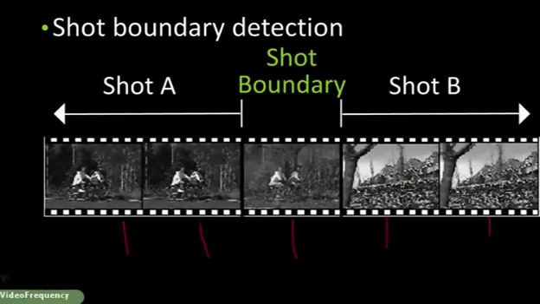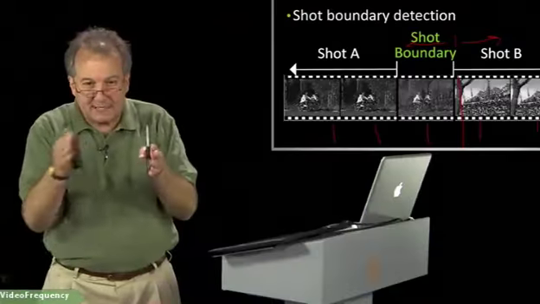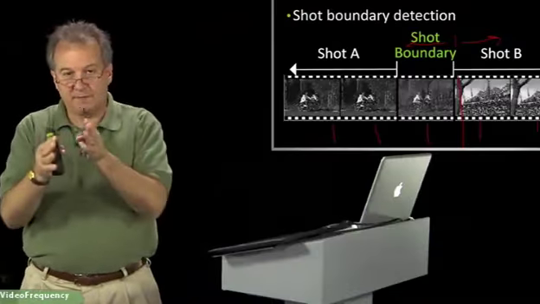In this case, our shot boundary is shown right here. All of these are taken from one camera shot, and these are taken from another. Often it looks like they were taken one right after another, but in reality, they changed everything. They moved the camera around, changed the actor, redid his makeup. He went and got a smoke or whatever it is they're smoking on set. And then they came back and did the next shot, and they just cut them together.